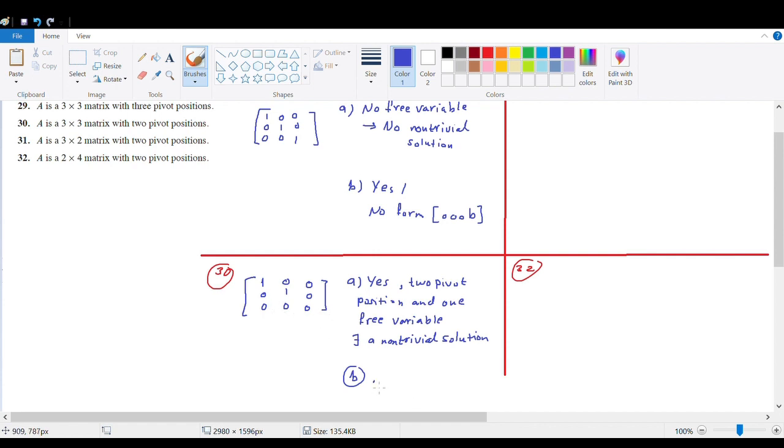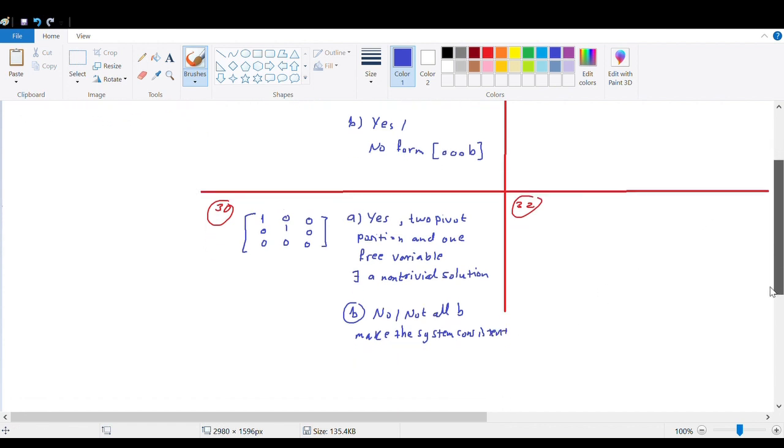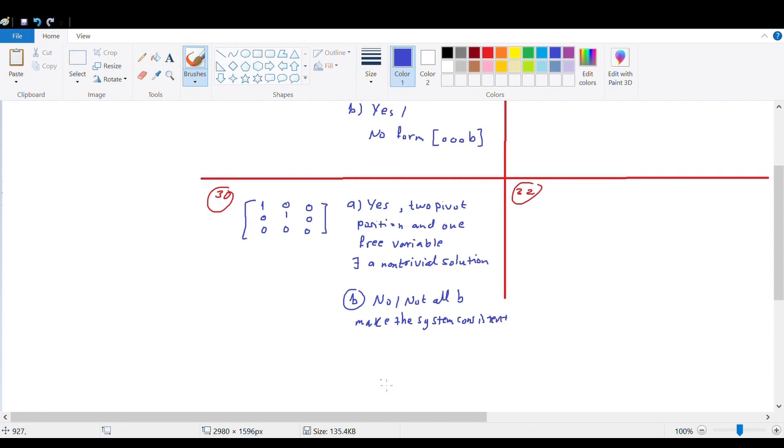So the answer here is no. Not all b make the system consistent, especially when b3 is not equal to 0, because in the last column, if b3 is not equal to 0, the system is inconsistent.